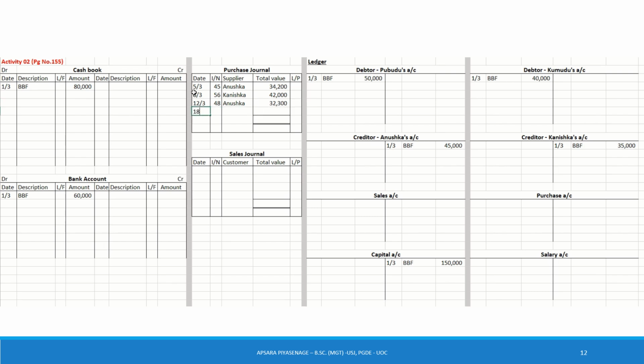Then on 18th of March, invoice number 59, that is from Kanishka. From 25,000, we have to deduct 4%.